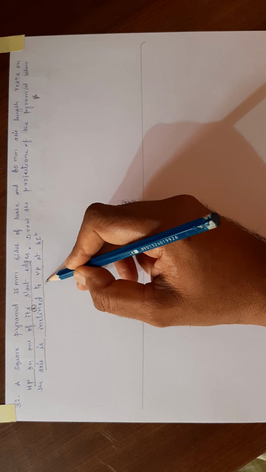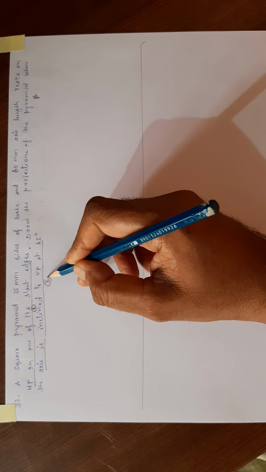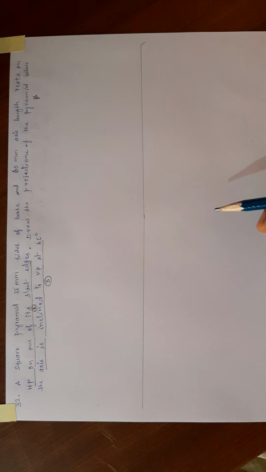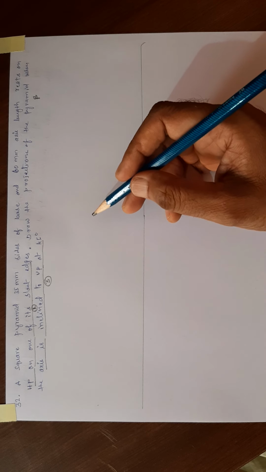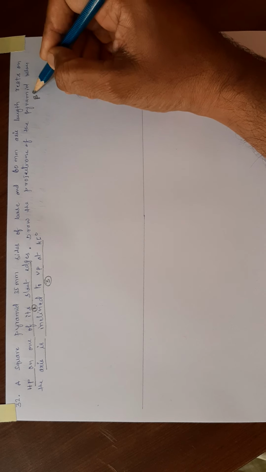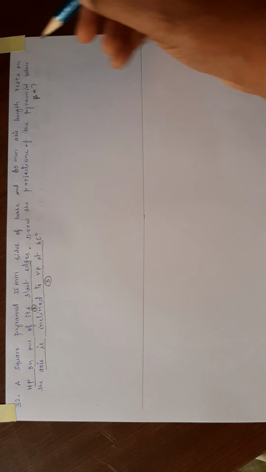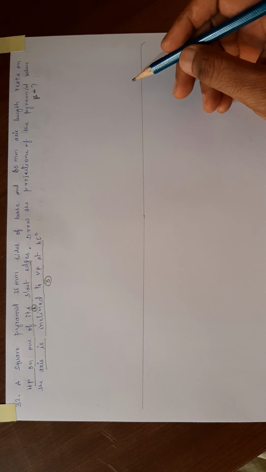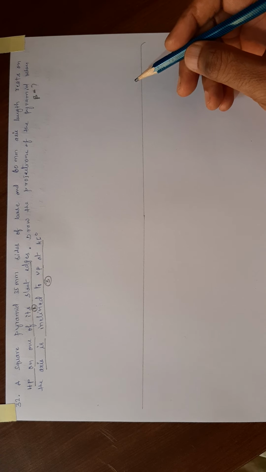This is note 3, related to position 3. So here the axis is inclined to both HP and VP, so we have to find out what the beta angle is. After finding the beta angle, we have to draw the top view and front view in the third portion.